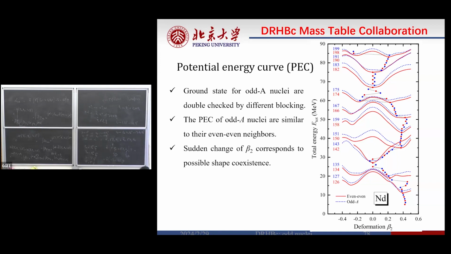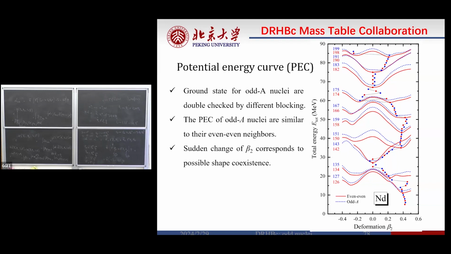For example, here I just show you an example for this nucleus. For this even nucleus, you studied the constraint calculation. And then you found the potential energy curve. From the potential energy curve, you can decide which one is really the ground state.